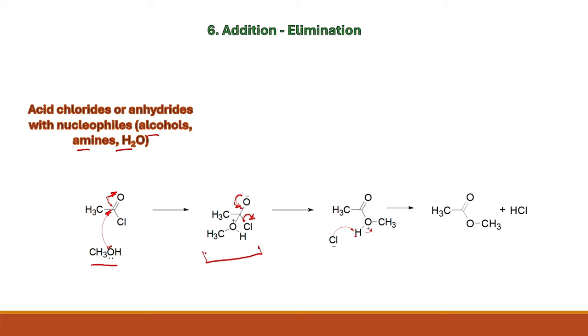So the chloride that has been removed will act as a base in the second last step, where it will take away the proton. Don't forget that the electrons will move from the bond into the oxygen. That will give you the ester as a product. If you use water, you're going to end up with an acid. If you use an amine, you're going to end up with an amide.